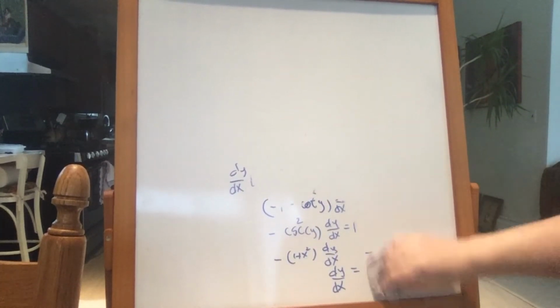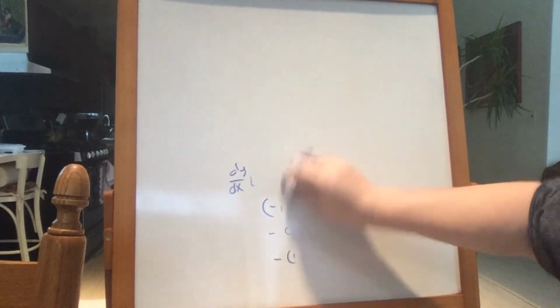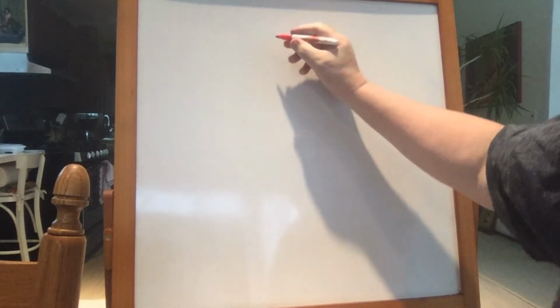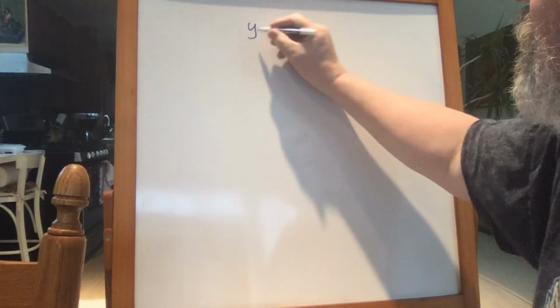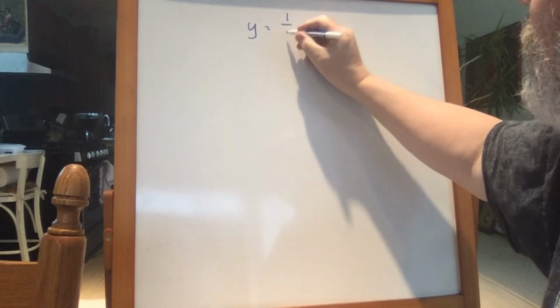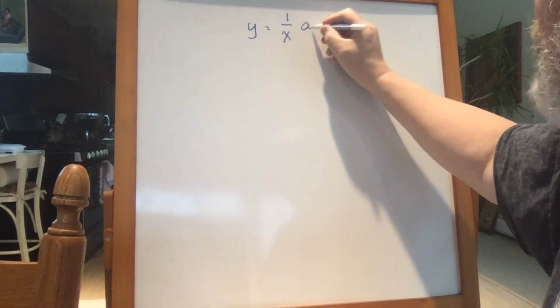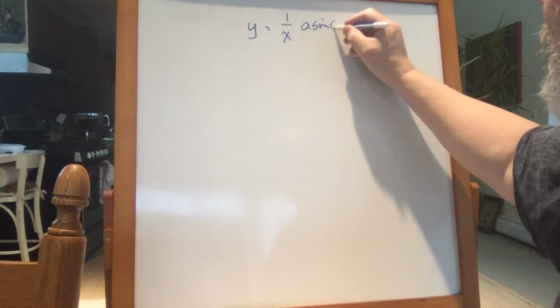Alrighty, now we're going to get into some pretty interesting stuff here. We're going to combine functions. Okay, y equals 1 over x times the arc sine of x.